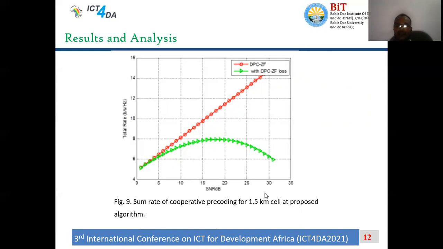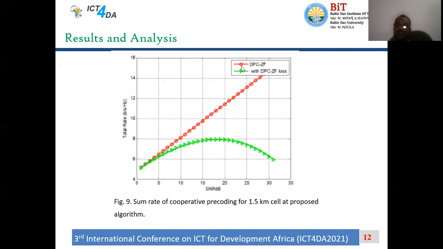In this case, the only difference is the cell range. As the cell range becomes smaller and smaller, the frequency becomes higher and the wavelength becomes smaller and smaller, so the signal blockage increases with the increase in frequency. So for the same SNR value compared to the previous one, the total rate becomes smaller and smaller.